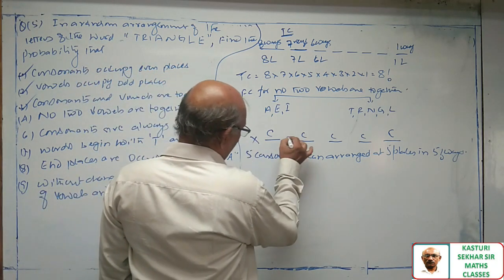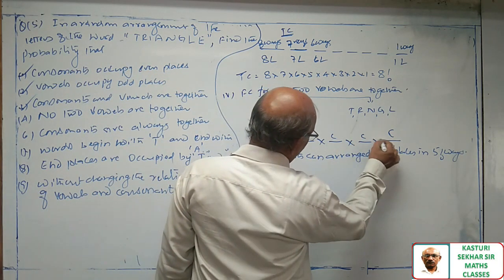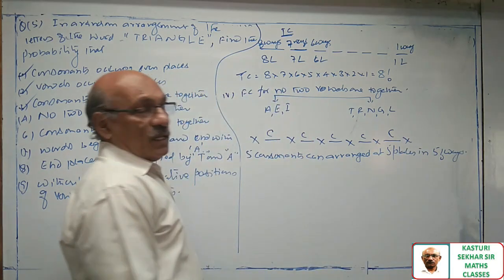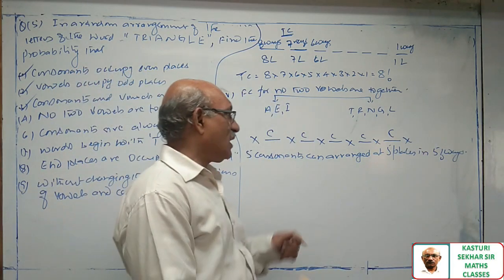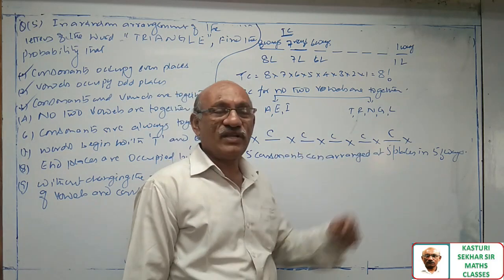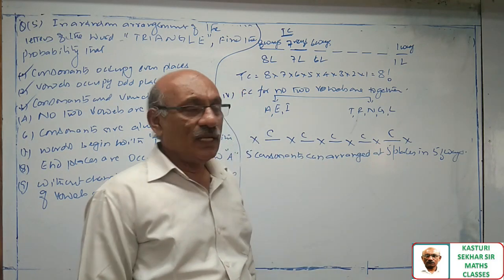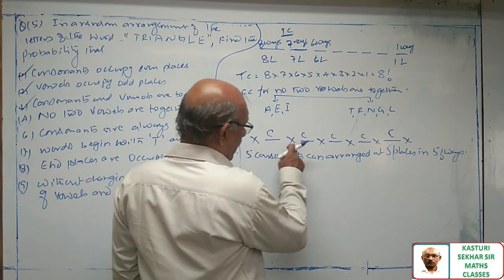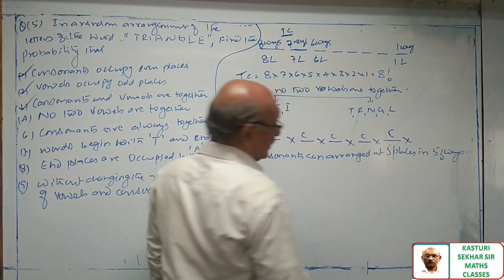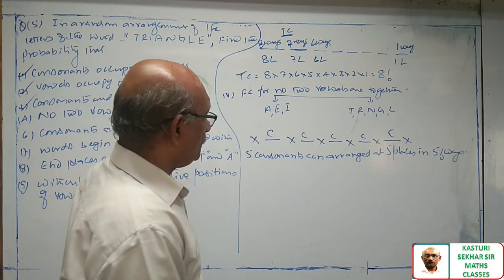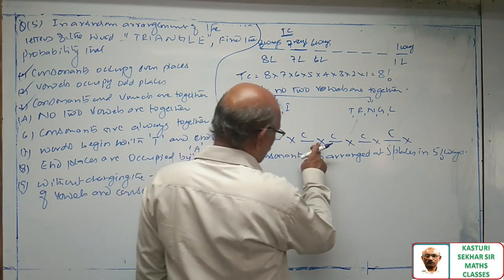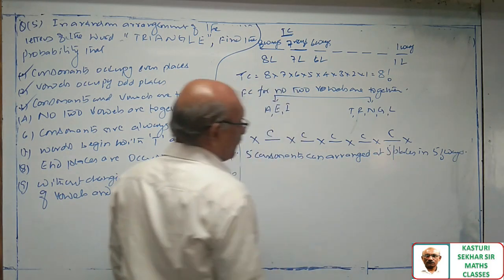Now look at the places we have between the consonants, including first place and last place. 1, 2, 3, 4, 5, 6. 6 places we have.